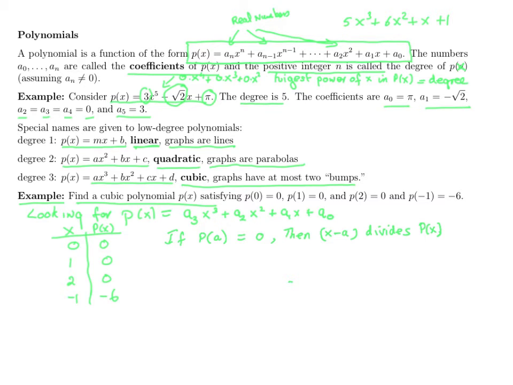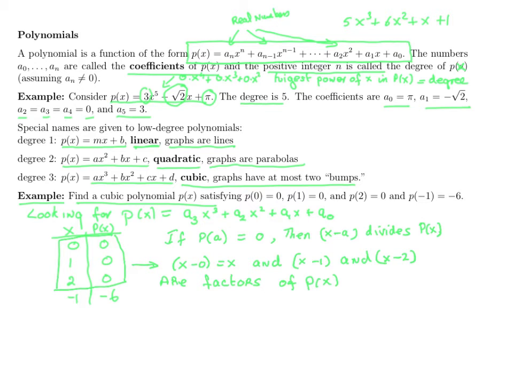So we have 3 values here which give us 0 in the polynomial. So this tells us that x, x minus 1, and x minus 2 are factors of p of x. So that means p of x is something times the product of these 3.